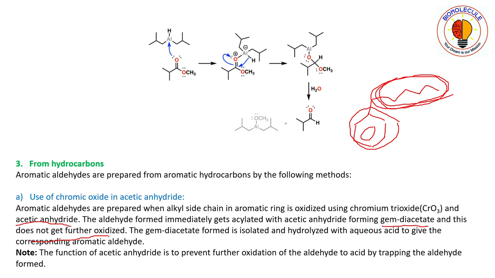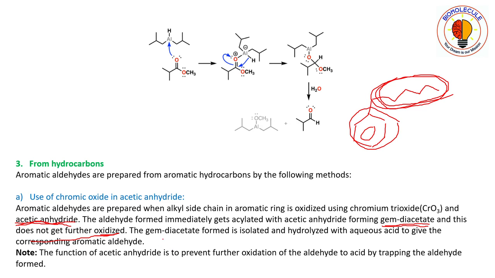In the first method, we have seen that using chromium trioxide in H2SO4, if we oxidize alcohol, it would get converted to aldehyde, and further oxidation takes place to carboxylic acid. So to stop that further oxidation to carboxylic acid, here we are using acetic anhydride. This reaction is done in the absence of water, and here acetic anhydride traps that aldehyde in gem diacetate form, which prevents its oxidation to carboxylic acid.